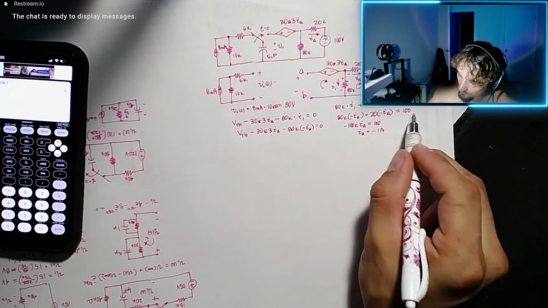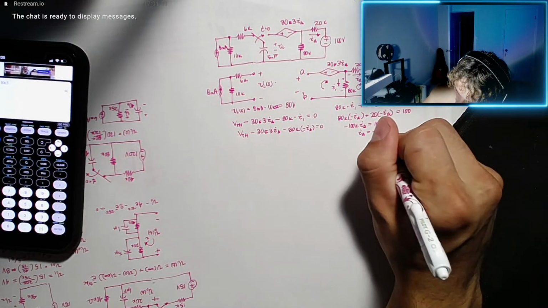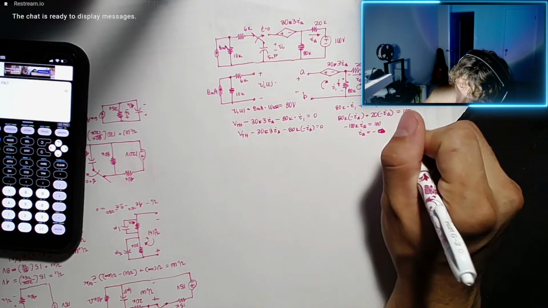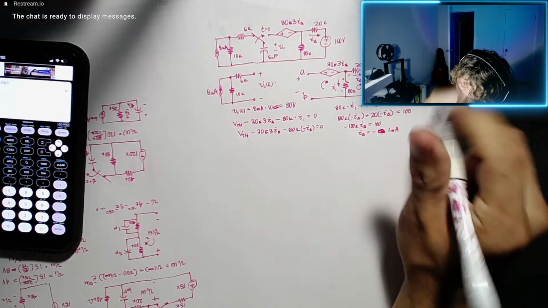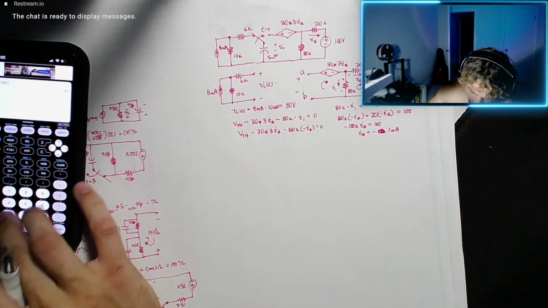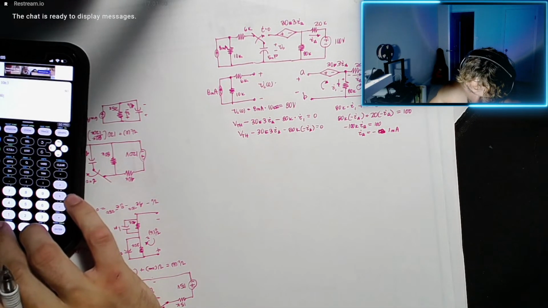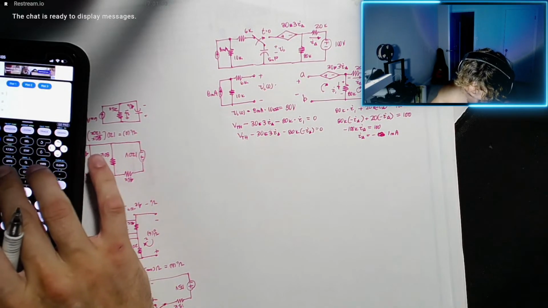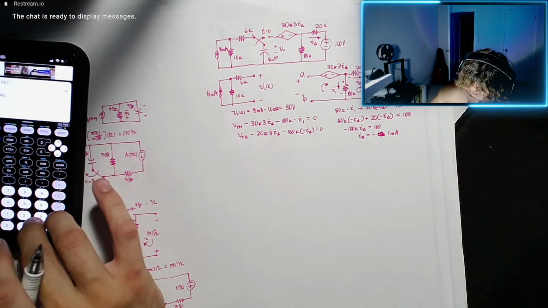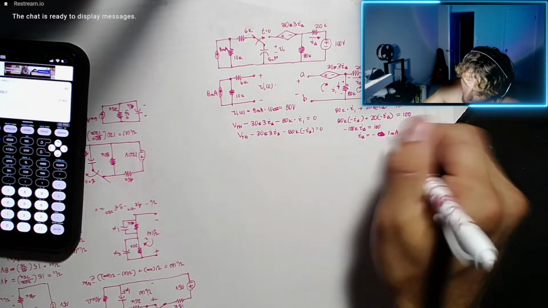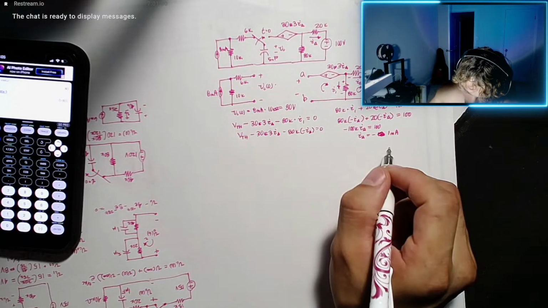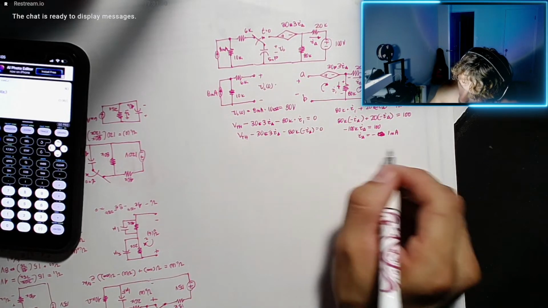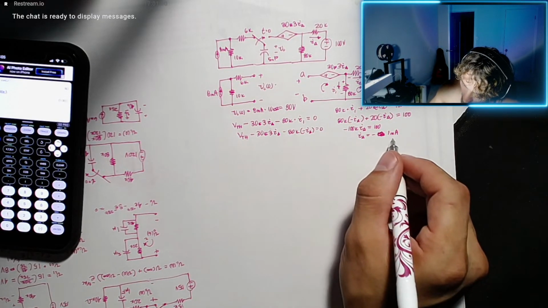Oh, that's 100 divided by 100,000, so 1 milliamp, right? Yeah, 1 milliamp. Okay. Negative 1 milliamp.